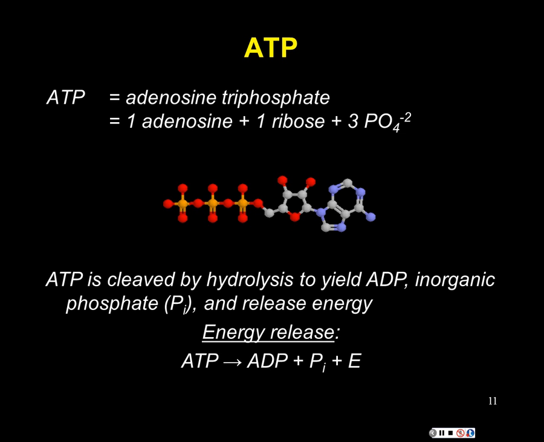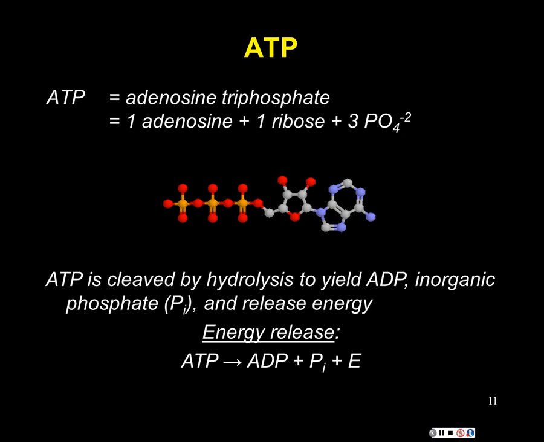So what we're going to learn is, as soon as ATP is made, what happens to it? As soon as it's made, it's probably going to be used. What can we not do with ATP? We can't store it. Why? You just described it a moment ago.